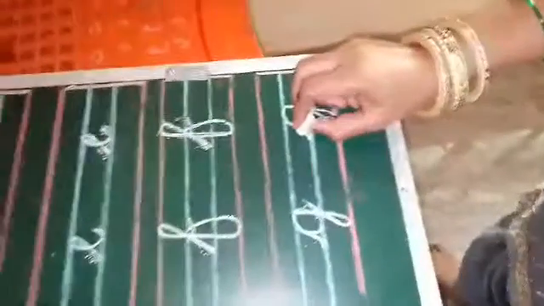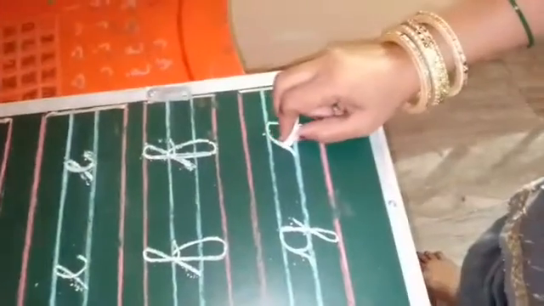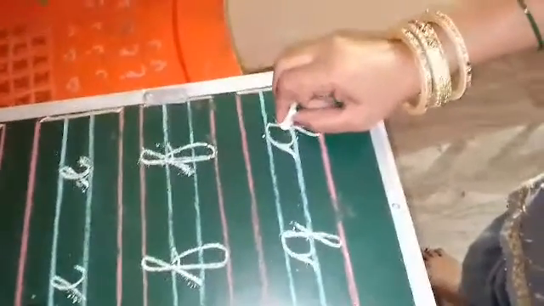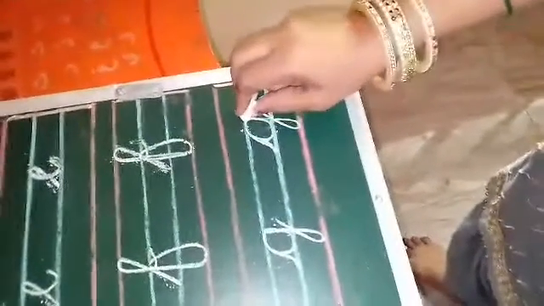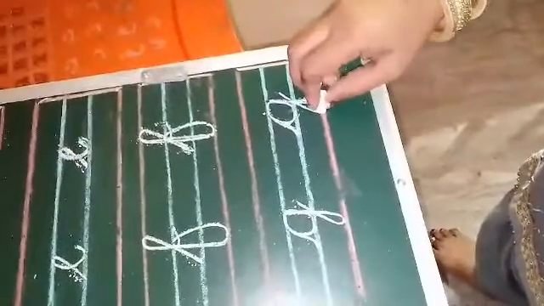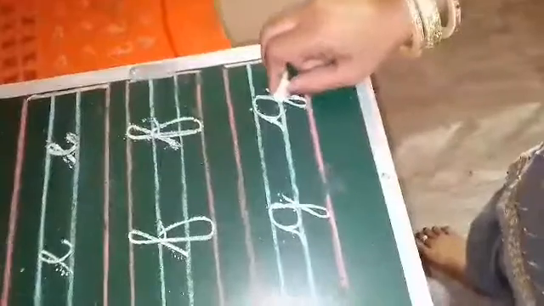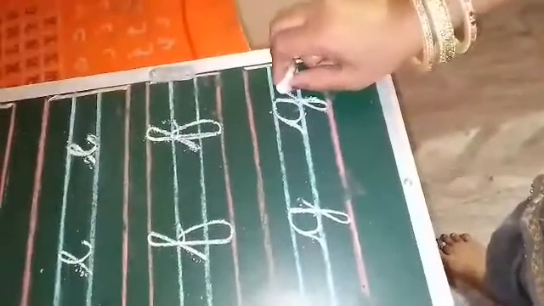Okay, repeat it with me again. Upward from third line to second line and downward second line to fourth line and a little bit round it and upward in between second line and third line.